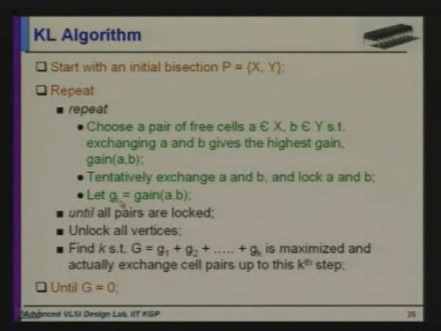So I take two vertices which give me the highest gain, exchange them, find the cut size gets lower, then I lock those two. So in each of these partitions, after the first exchange I have n minus 1 vertices. From these n minus 1 vertices in each partition, I take two vertices which give me the highest gain.